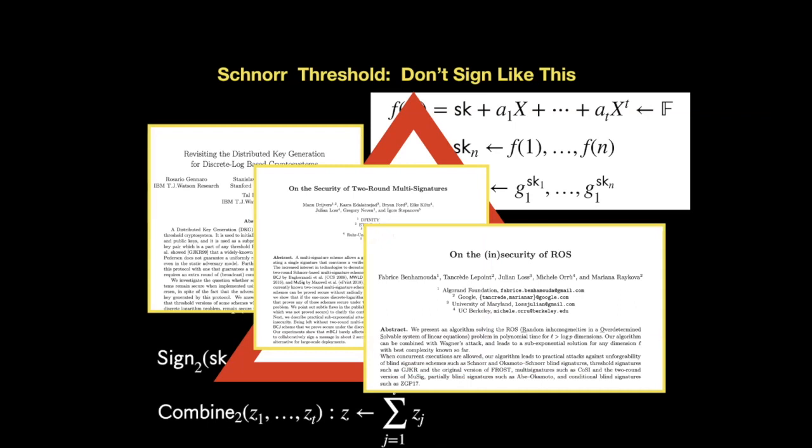That paper introduced a sub-exponential attack, but actually there is a polynomial attack on these schemes, which was in, I believe, a Crypto paper this year on the insecurity of ROS. I've implemented it. It runs in a few seconds on my laptop and my implementation is not very good. So please don't use this scheme.